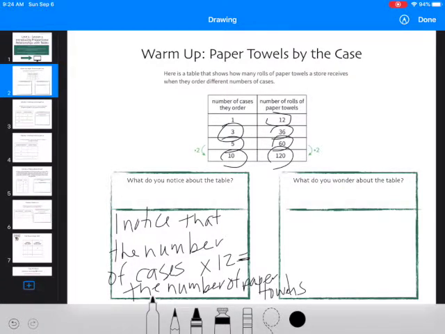What's something you wonder? Why aren't they making it cheaper if you buy more? Or, well, I guess what I could say is, is the cost different?